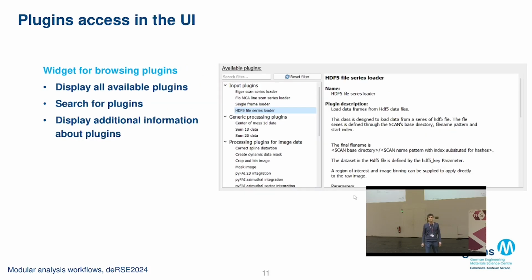In the graphical user interface, you have a widget for browsing the plugins, so you can display all available plugins. You can search in the search field. You also get the metadata information. So if you don't know what you want to do, you can just go through them and have direct access to the descriptions of what the plugin does.